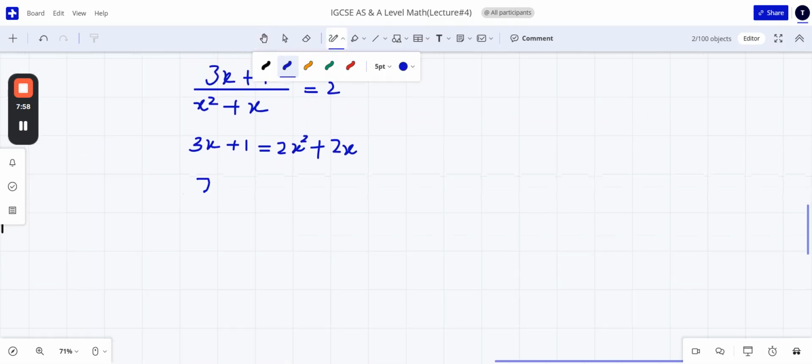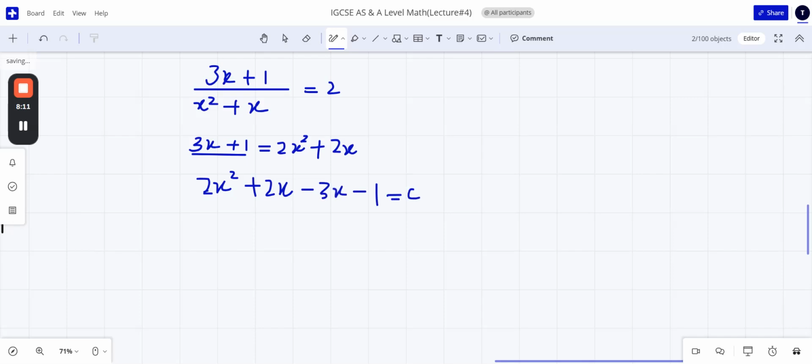So 2x squared plus 2x will remain the same. We need to shift these two values to the other side, so it becomes minus 3x and minus 1 equal to 0. Now 2x squared we bring down. 2x minus 3x, both are like terms, so we can simplify. 2 minus 3 becomes minus x, and minus 1 equal to 0. This is our quadratic equation.